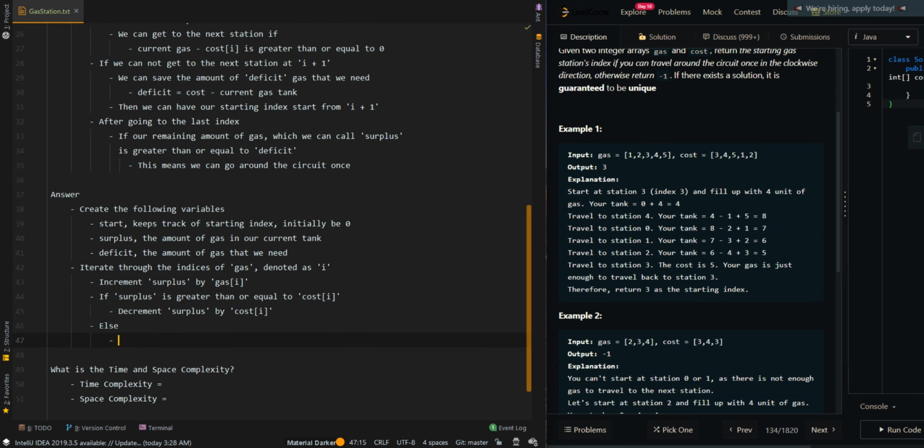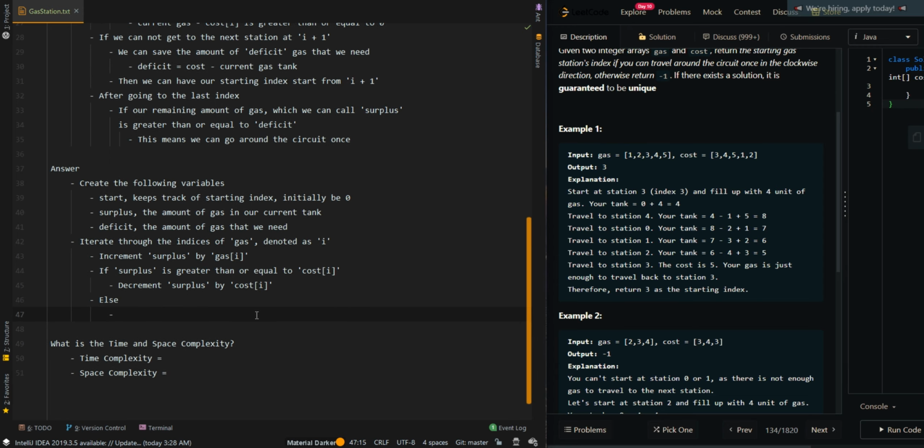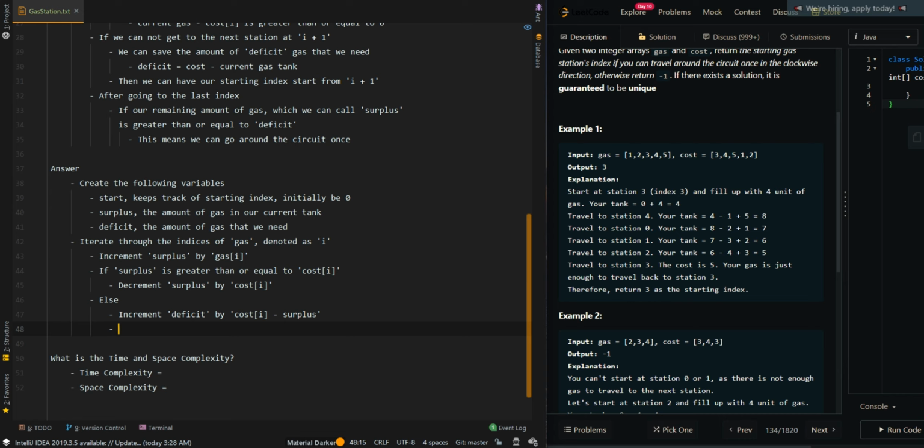Else, we do not have enough gas to go to the next station, so we want to save the amount of deficit that we need. We increment deficit by the cost of i minus the current amount that's in our tank. Then we set our starting index to i plus 1.